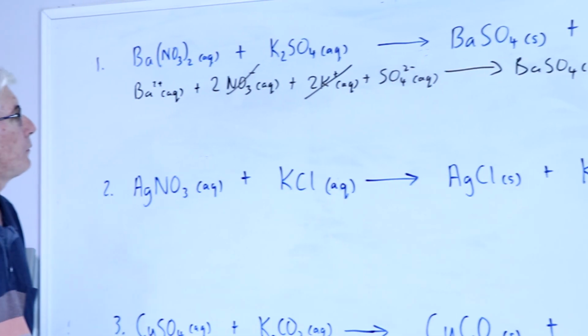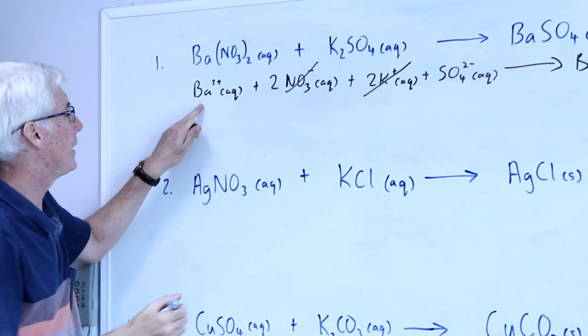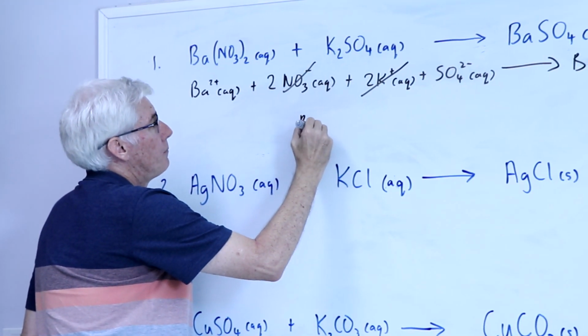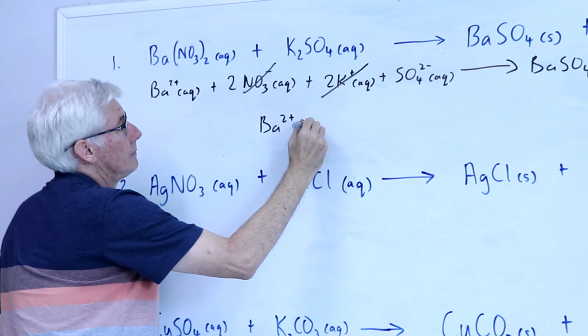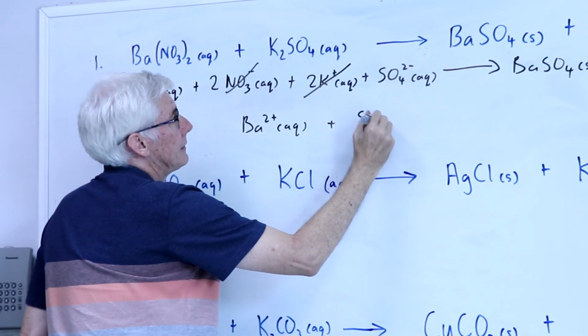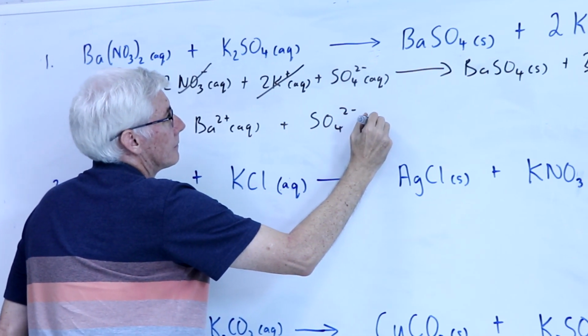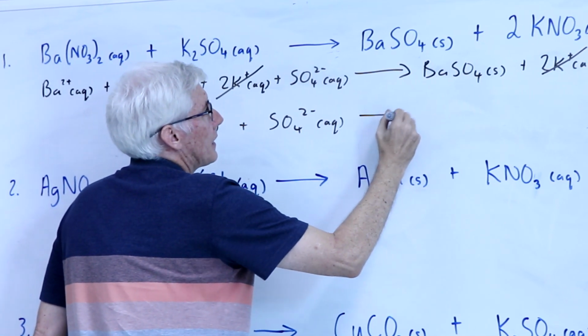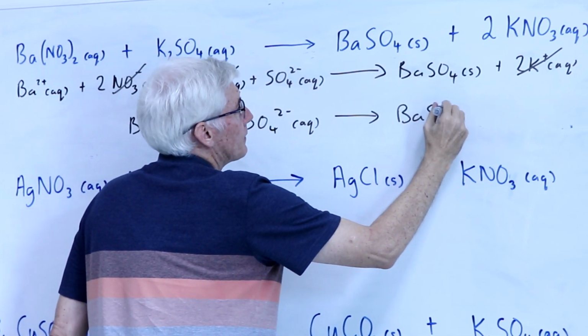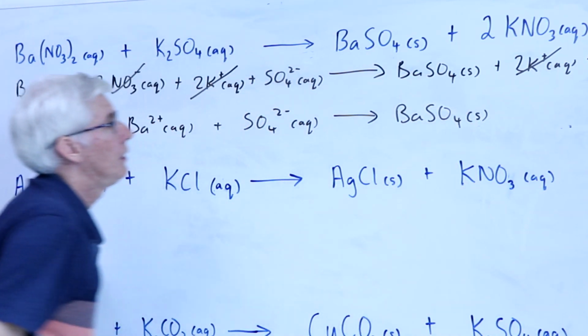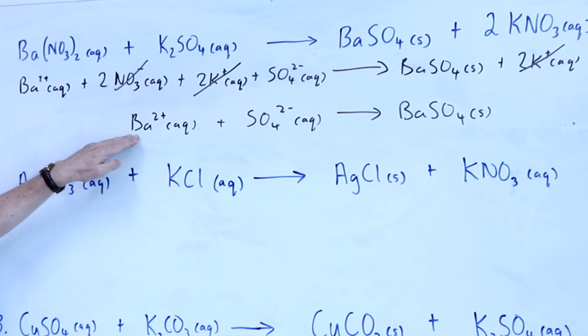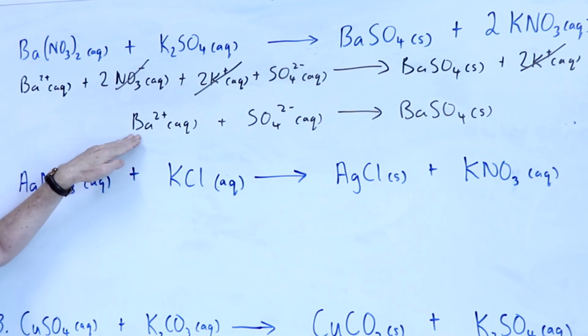What we're left with is the ionic equation, which is barium plus sulfate, which gives us our precipitate, barium sulfate. That is what you generally have to do when you want to write an overall ionic equation for the reaction.